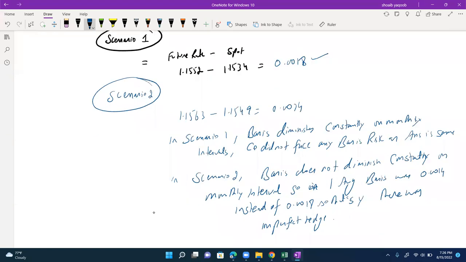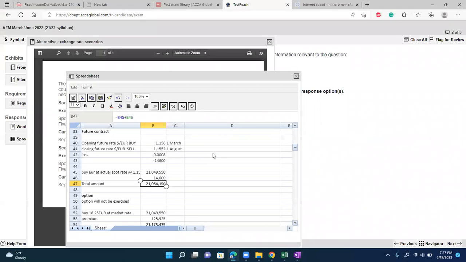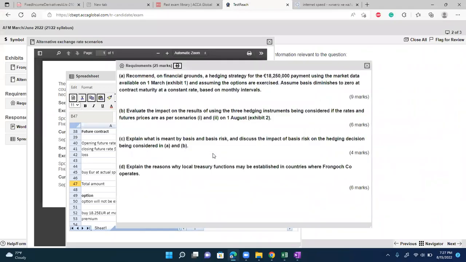The rest of the points were simple. In part C, you have to explain what basis is. You will explain that basis is the difference between the current spot and the future rate. Basis risk is that we always assume the basis will diminish, but it does not diminish in a constant manner, and the company will face basis risk.